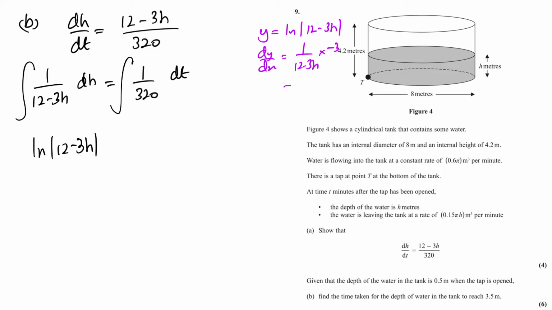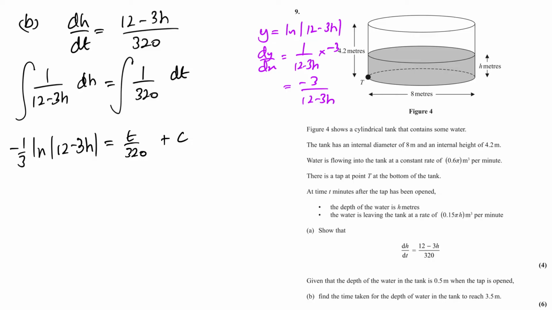So you can see I'm going to end up with that factor of minus 3 here, so I need to divide by minus 3. So this is going to be minus 1/3. And then my next one is just a number times t from the dt, so I'm going to get t over 320 plus a constant.